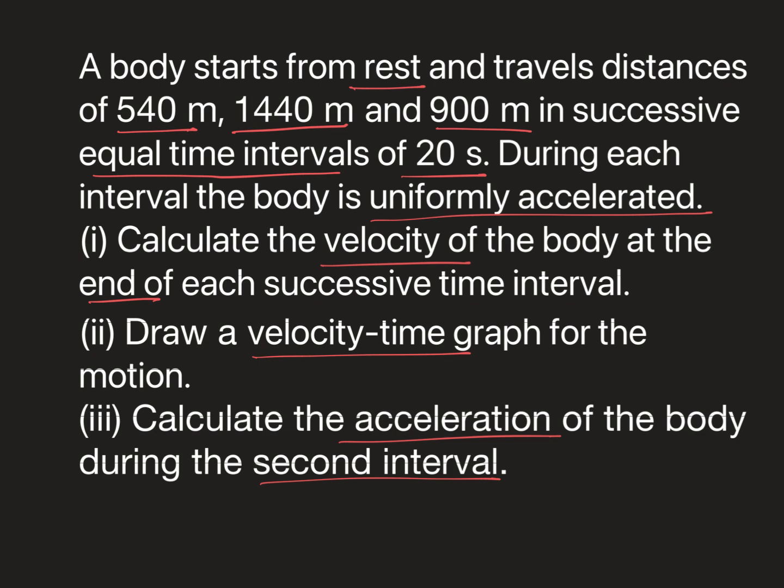So it means after covering the 540 meters in 20 seconds, it accelerated and then covers a distance of 1440 meters. Then it accelerates again and then covers 900 meters. So, which means 3 different intervals were covered.